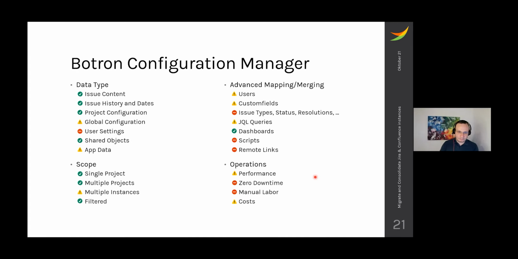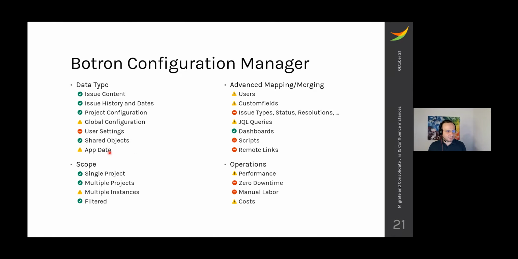Good. Here we have quite similar to configuration manager, the results. We can take our project configuration, which is the key feature of the tool. You can take most of the global configuration, or at least the global configuration where there is some kind of API for that. We have shared objects.